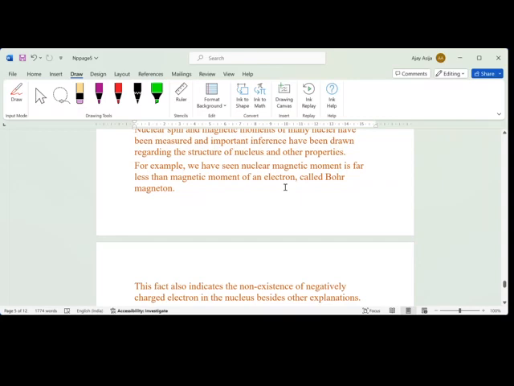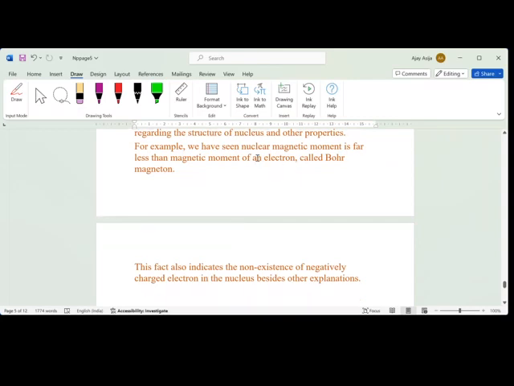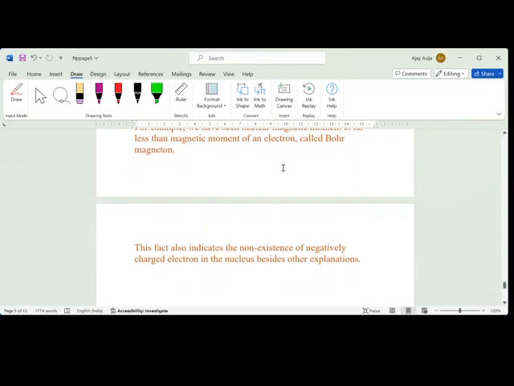Because there is so much difference between the nuclear magnetic moment and the magnetic moment of the electron, this fact indicates that electron cannot be present in the nucleus. So this inference regarding the structure of the nucleus can be found.